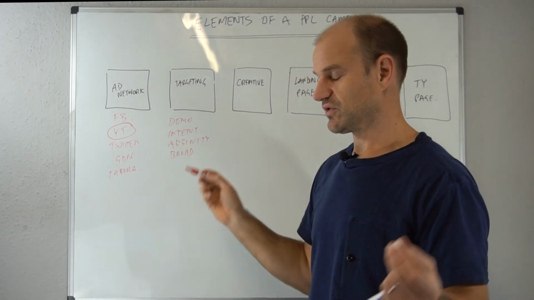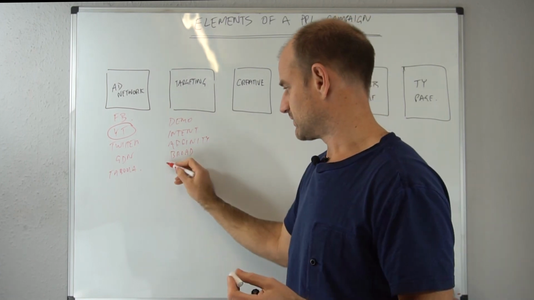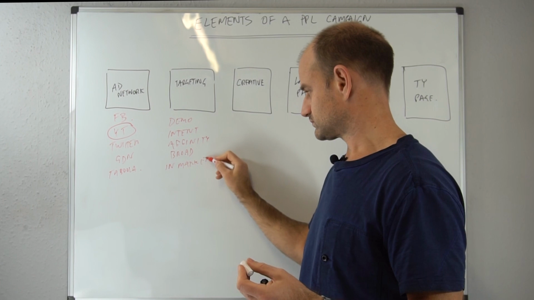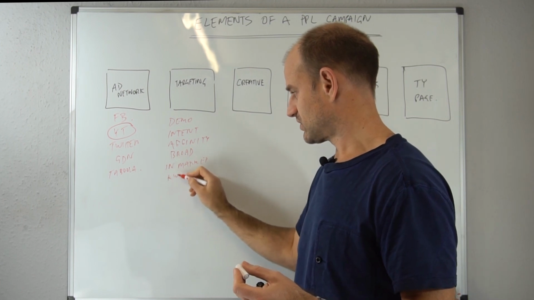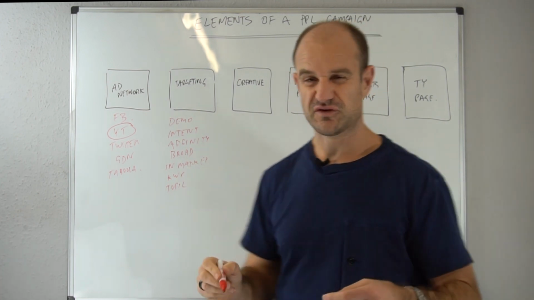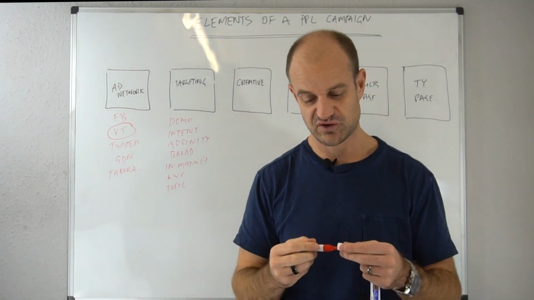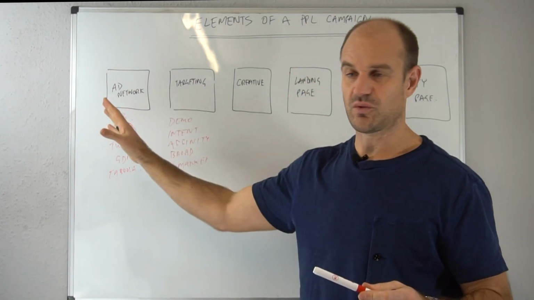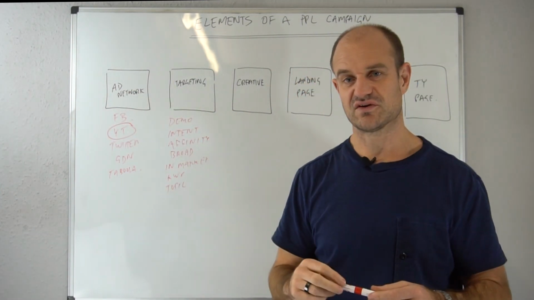Or do you want to go in market, there's so many different options. Keywords, topic, all of these different types of targeting options available to you. Now you've made a decision on the ad network. What is the best targeting option to go after?